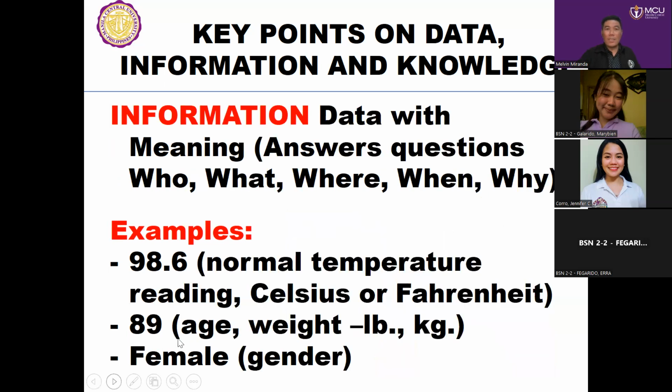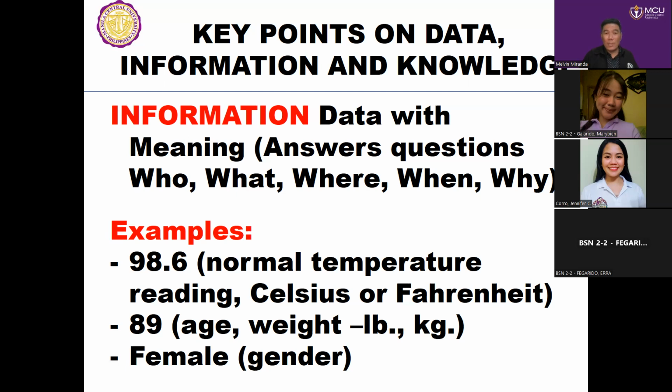Now, if we consider it as information, which we have mentioned answers the 5 W's. If we consider 98.6 as a normal temperature reading, then we must at least consider if it is Celsius or Fahrenheit, because it will give us the idea if it's already a deviation or a problem with the body temperature.